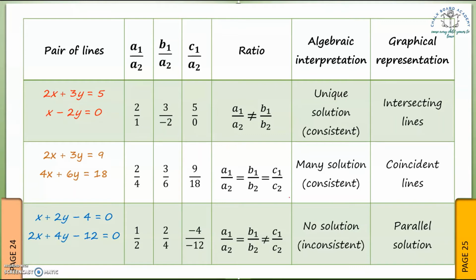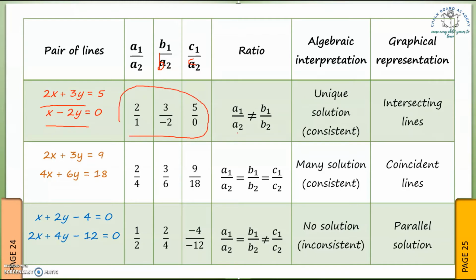We have the first equations as 2x plus 3y is equal to 5 and x minus 2y is equal to 0. When we put them as a1 by a2, we see 2 by 1, then b1 by b2, and then c1 by c2. In these we see that the ratios are not equal in the first case.